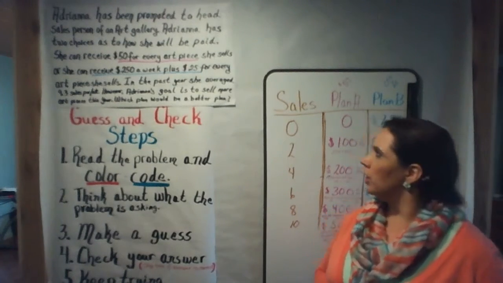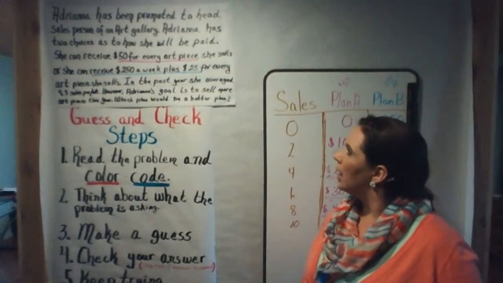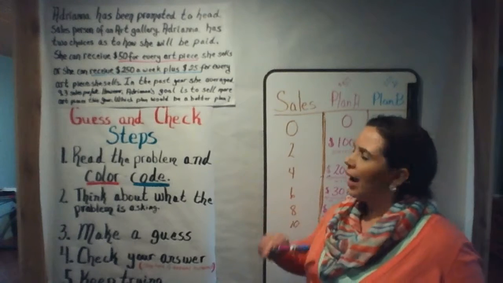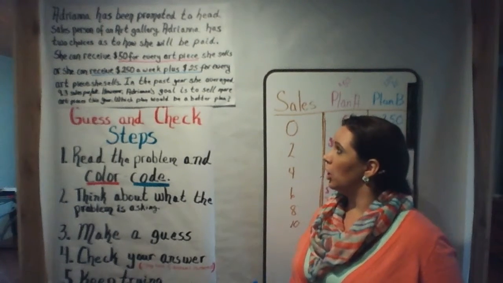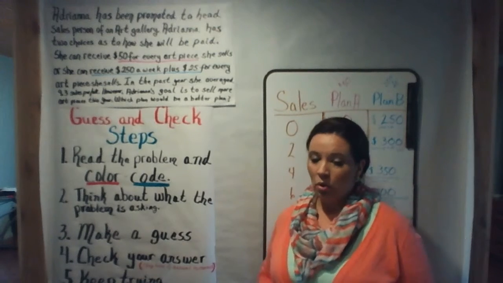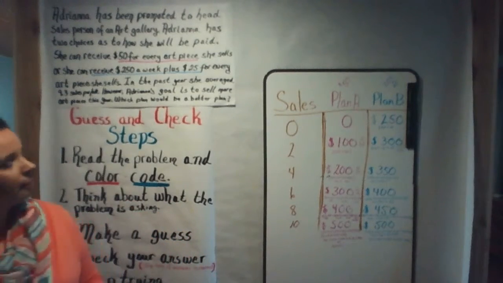In the past year, she has averaged 9.3 sales per week. However, Adriana's goal is to sell more art pieces this year. Which plan would be a better plan for her?